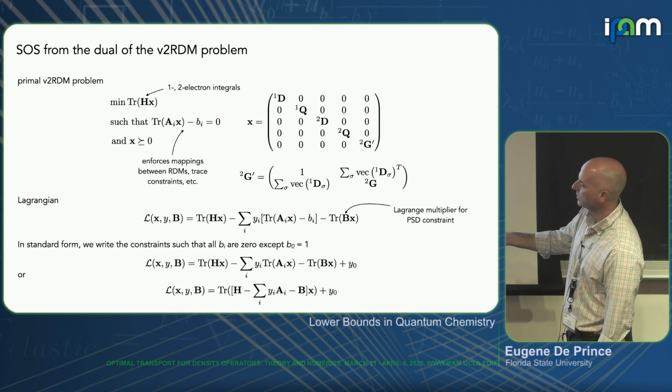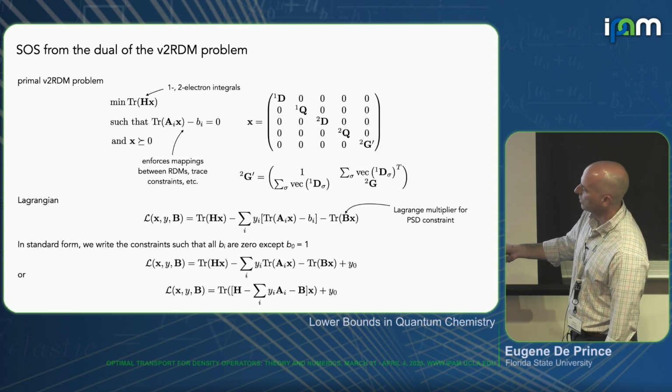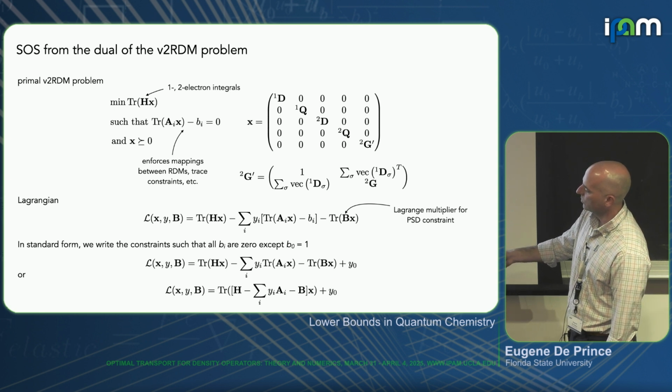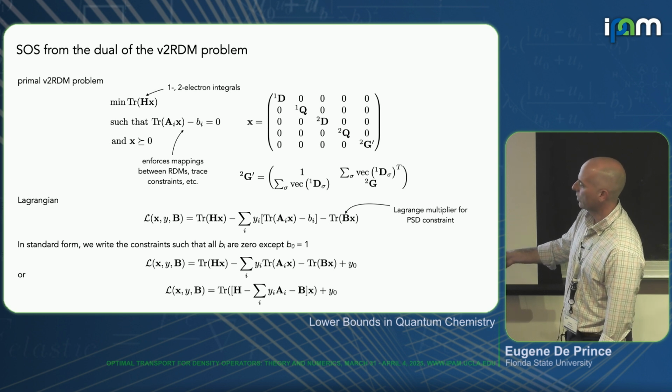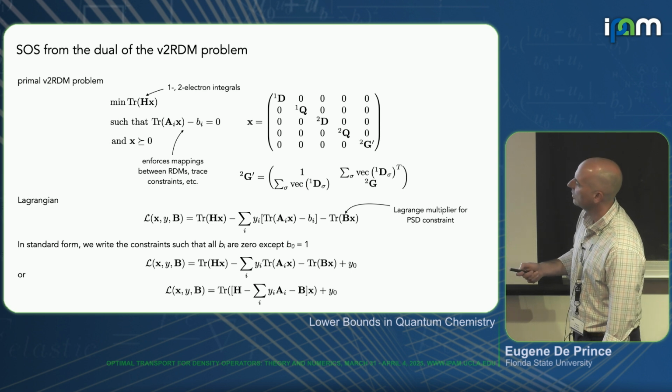So I have only one non-zero b. That simplifies my Lagrangian. And then if you notice that some of these terms look similar, you can clump a whole bunch of them together. So you have the trace of this thing that looks like a Hamiltonian minus some other Hamiltonian traced against x plus this constant y. That's my Lagrangian.